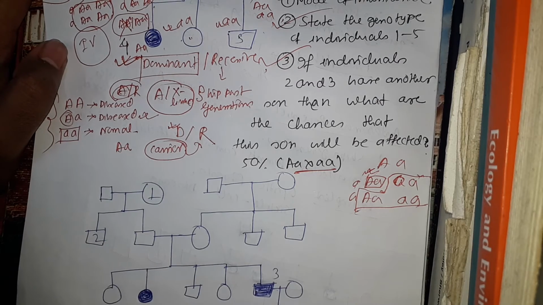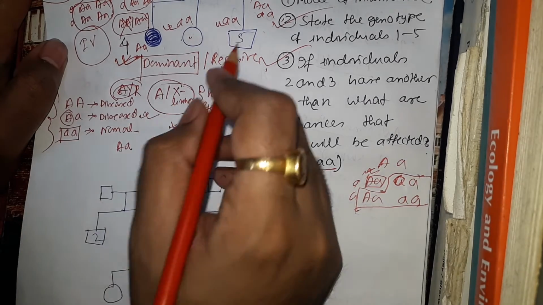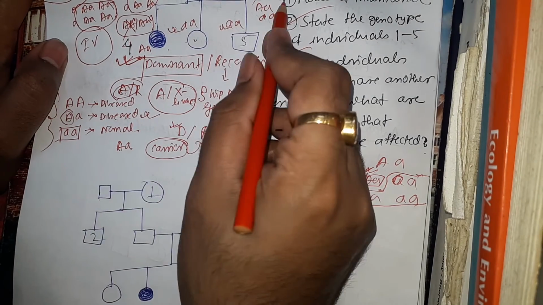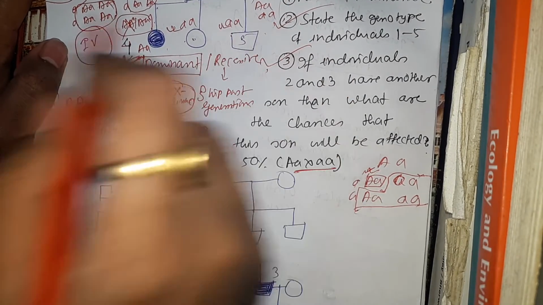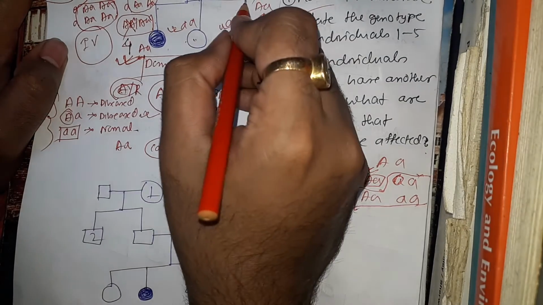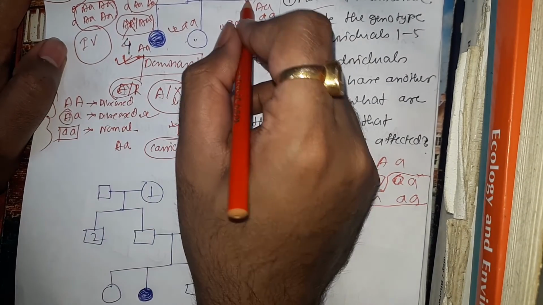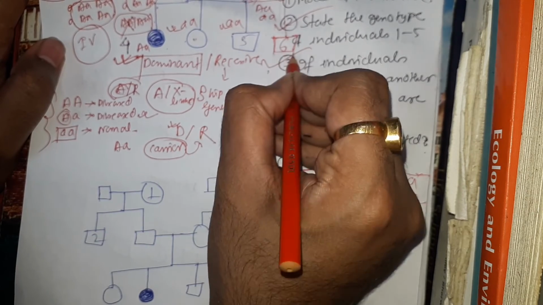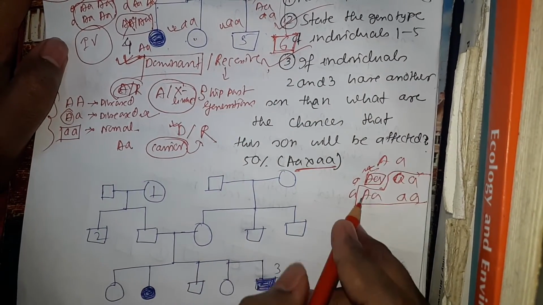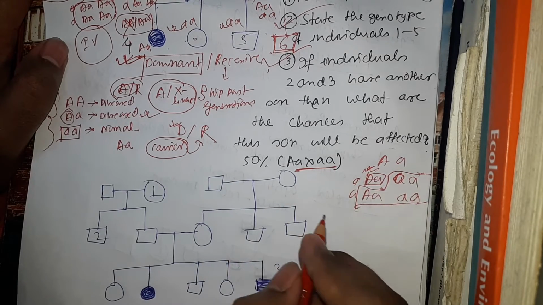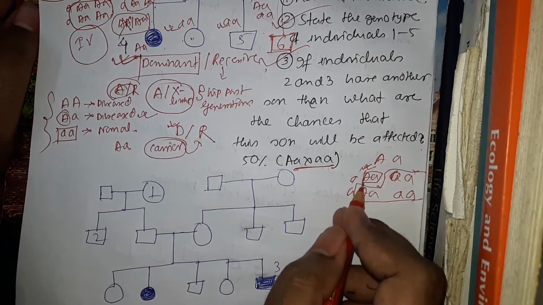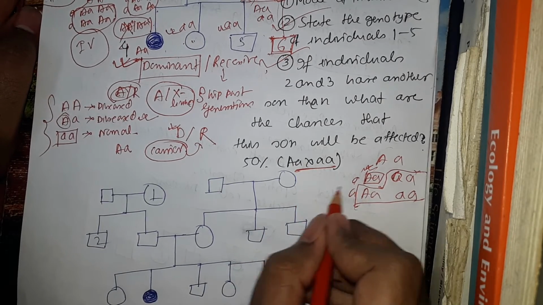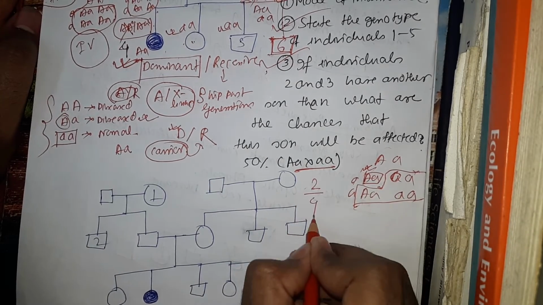So we can conclude that as they have mentioned number 5, then we can mention number 6. If there is a progeny number 6, then by simply doing a Punnett square we can conclude that the chance of the next progeny being affected is simply 2 by 4.